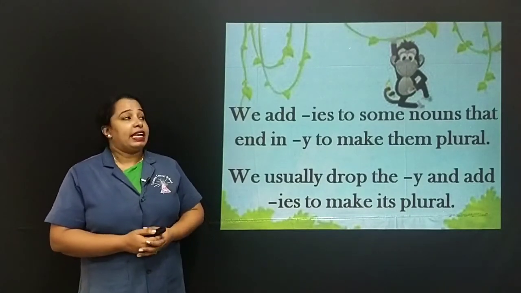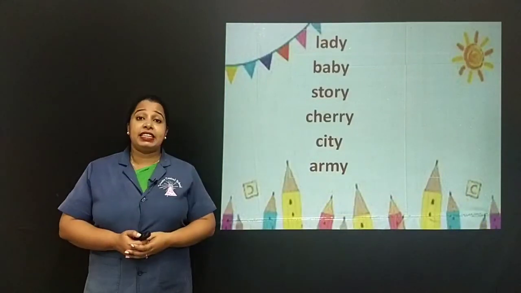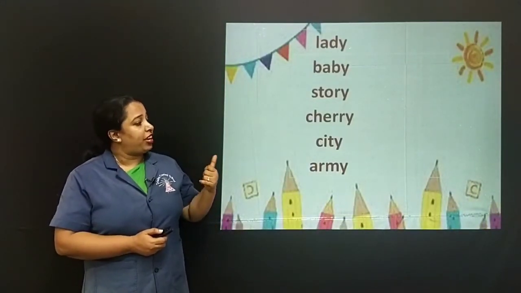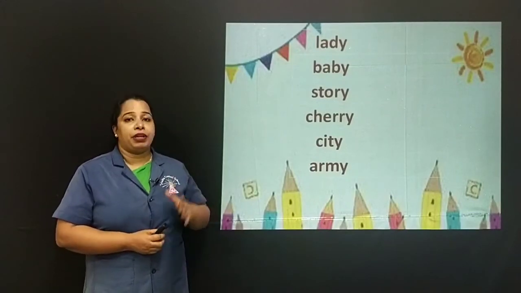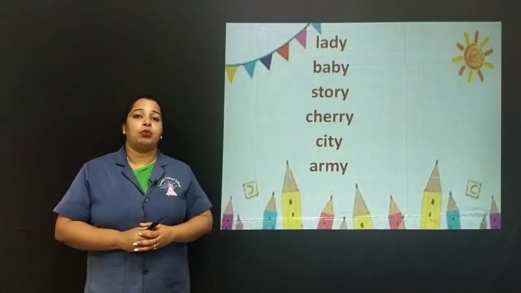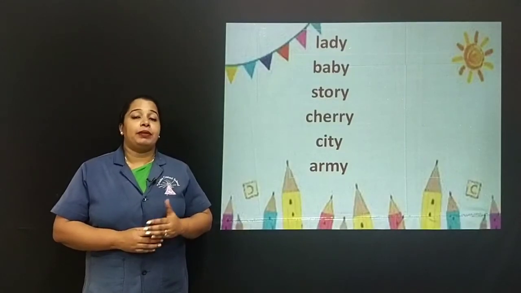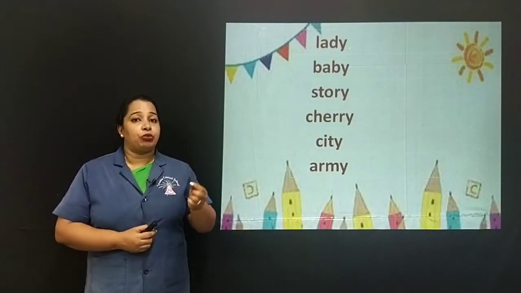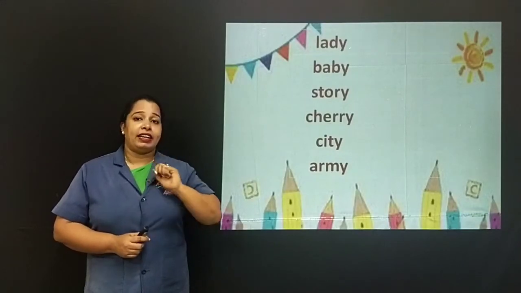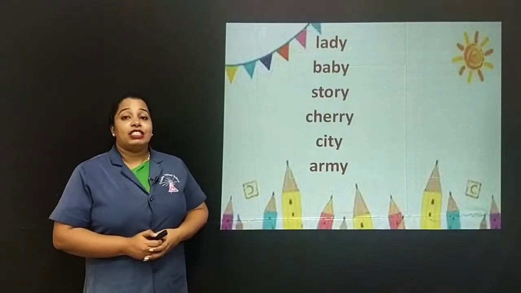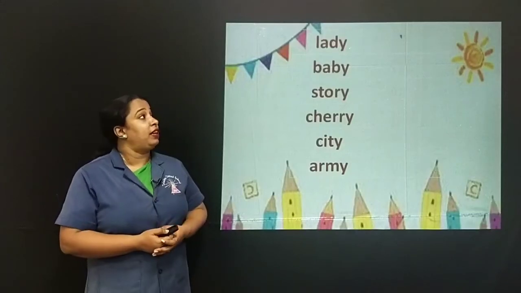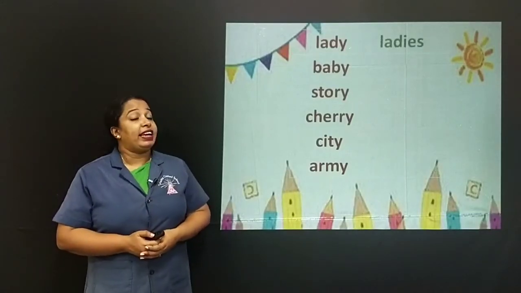Let's look at the examples. Lady. Now lady, baby, story, cherry, city, army. All are singular nouns and they all end with the letter Y. So when we make them plural, what do we do? We remove the Y and in the place of Y we add I, E and S. Lady ends with Y. It is a singular noun and when I want to make it plural, I write it this way, LAD.